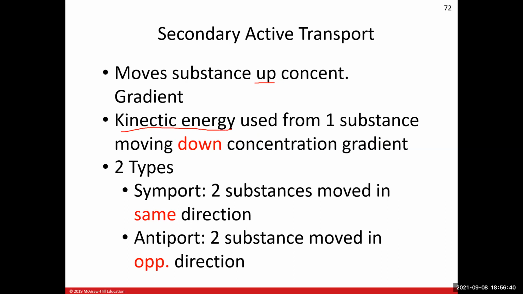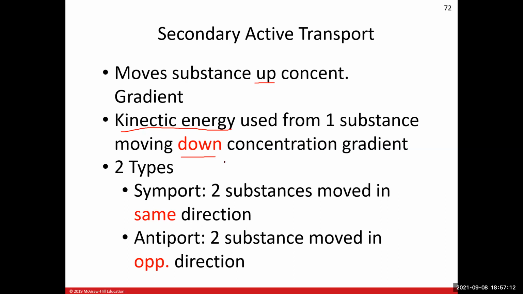Kinetic energy is going to be that energy from the movement of those molecules. And so that kinetic energy is enough to move a second substance down its concentration gradient. Clever. So we have the movement of 2 substances. One is going to move up its concentration gradient, while the second one is going to piggyback off of the energy that it created through the movement of those molecules, and it's going to go down its concentration gradient.